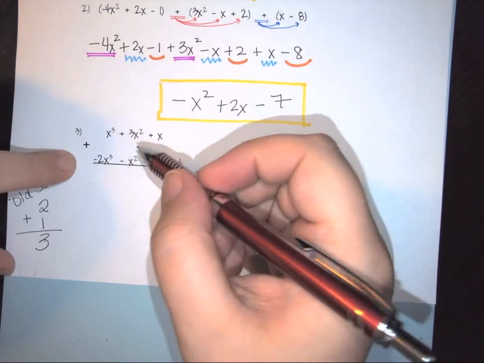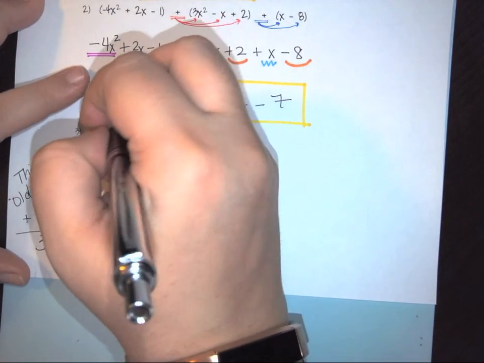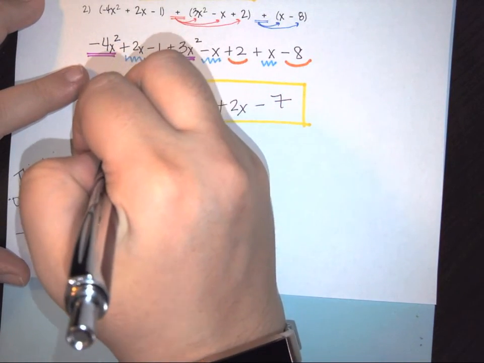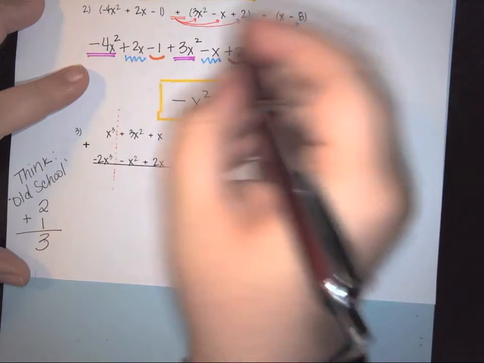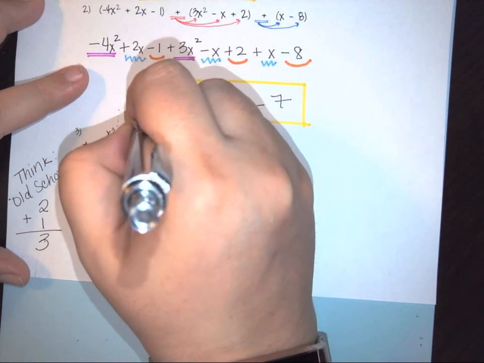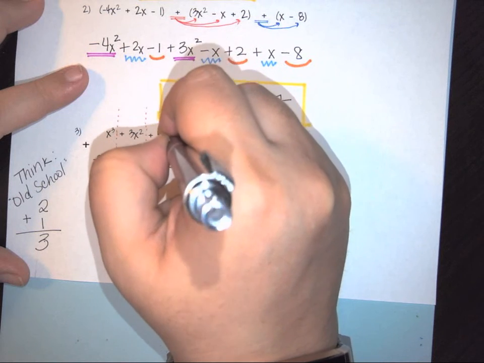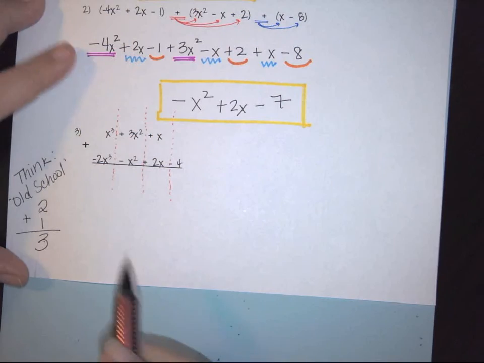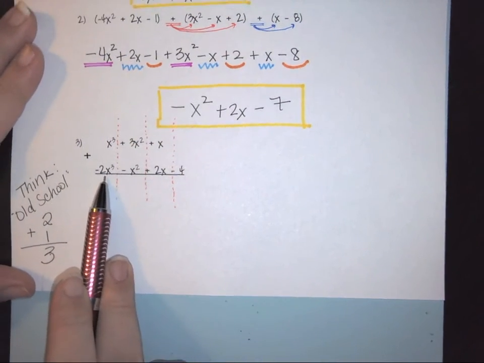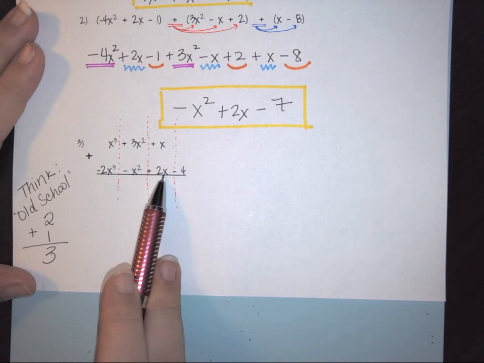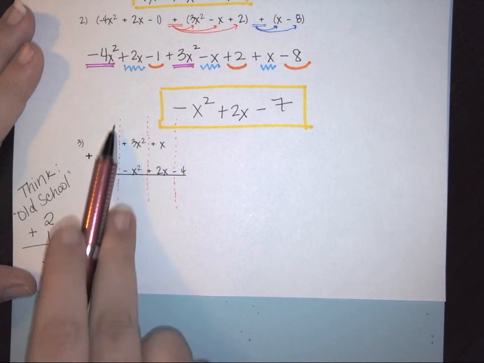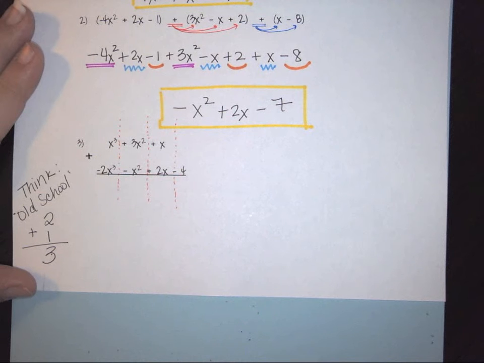What you want to pay attention to is that you have these columns, and so here we would split them out. Notice I have my cube terms, my square terms, my x terms, and my constants. They are all lined up vertically with each other, and so we literally just do the vertical math.